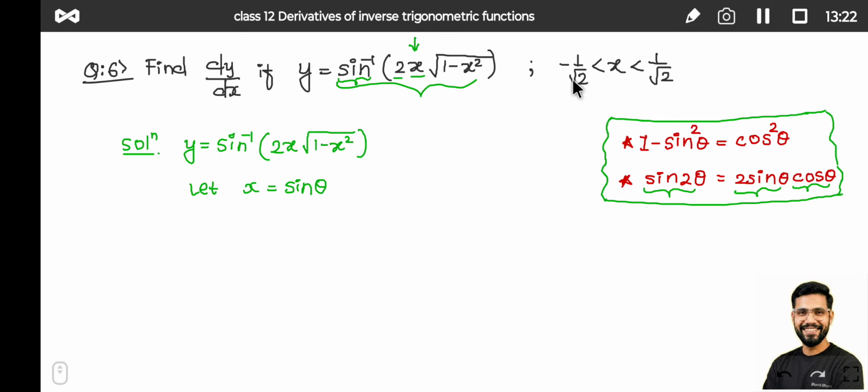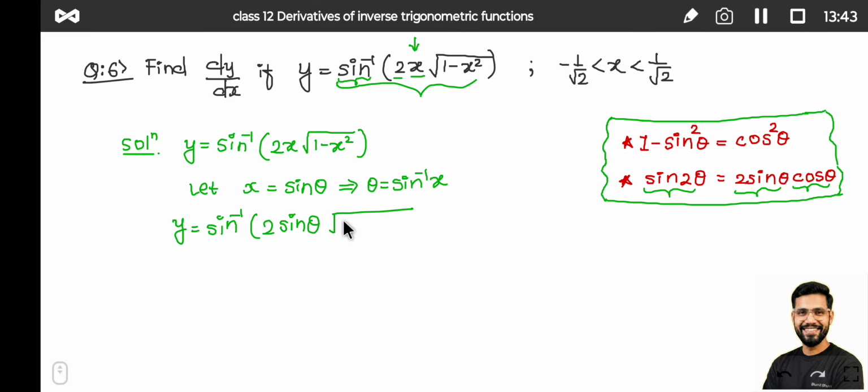So if we take x is equal to sin theta, then theta is nothing but sin inverse of x. Let's substitute. So y is equal to sin inverse of the bracket 2x, which is sin theta, square root of 1 minus x square, which means sin square theta.